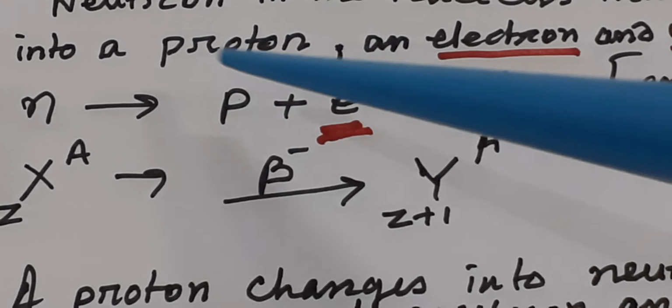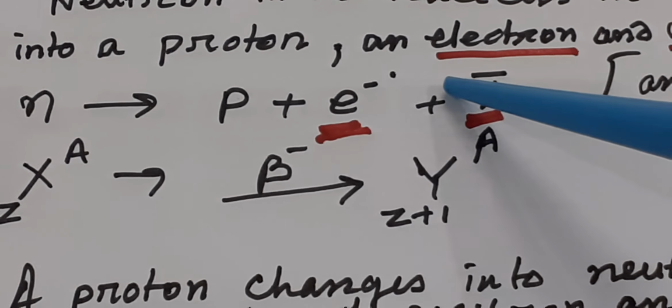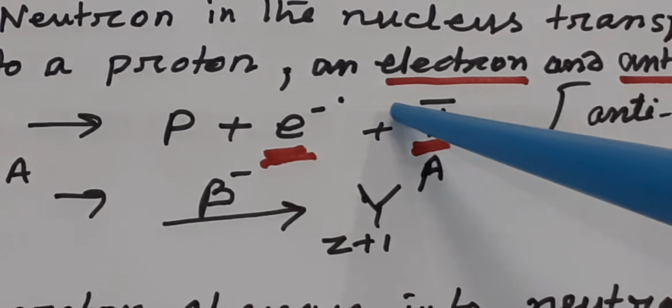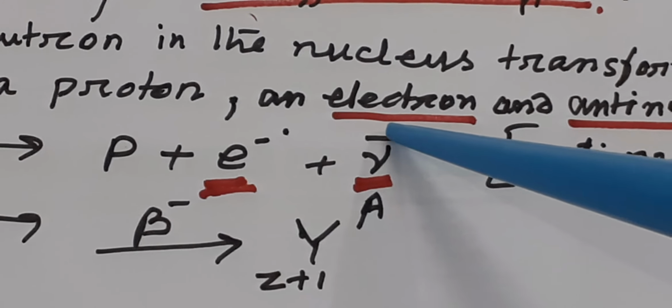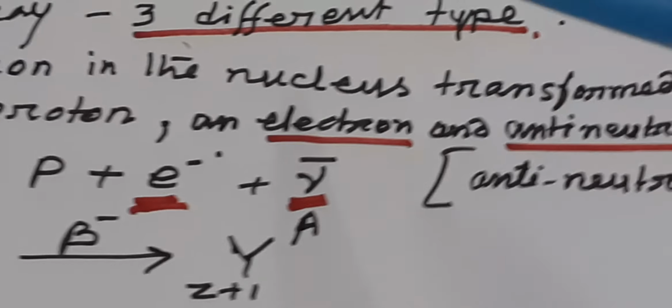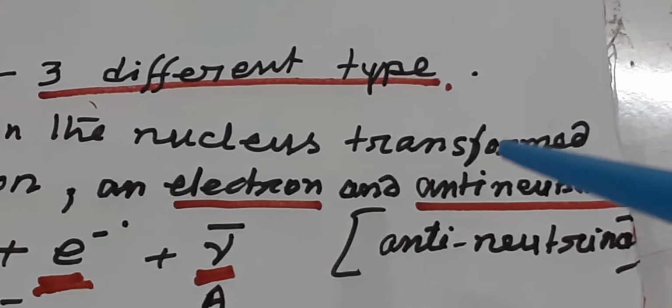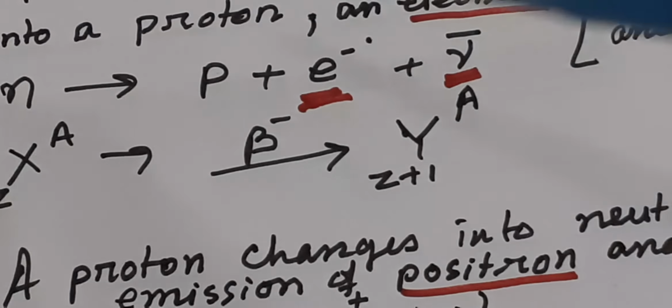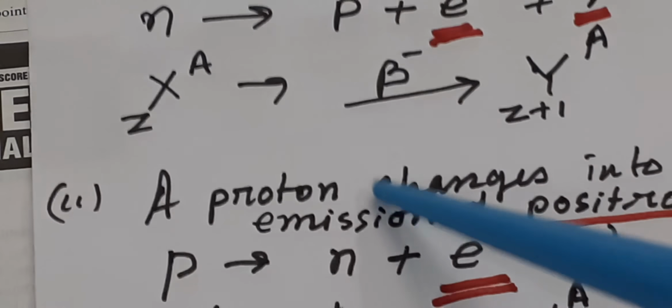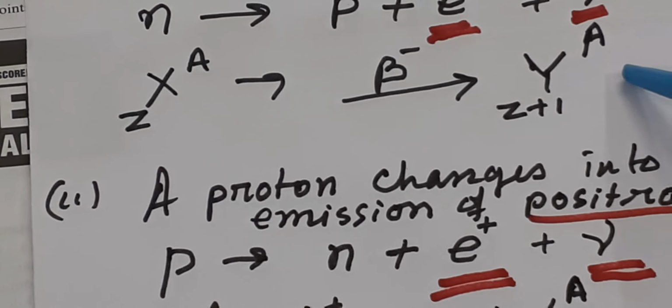In that case it will eject an electron and an antineutrino, nu bar, the symbol of antineutrino. Now for the element X with atomic mass and atomic number, beta decay will take place and atomic number will increase by 1, that is known to you.